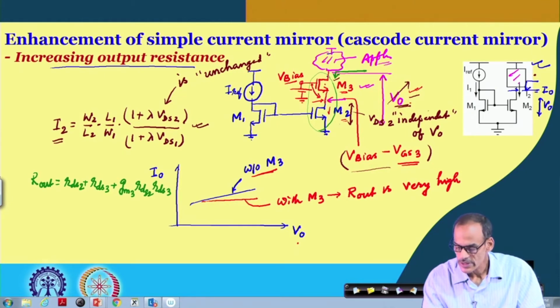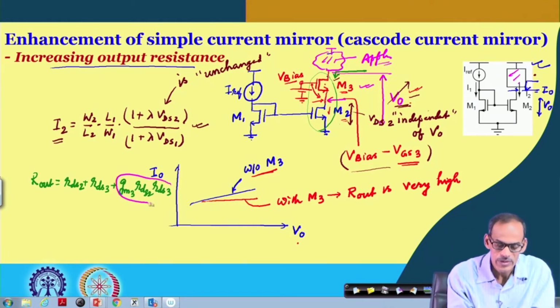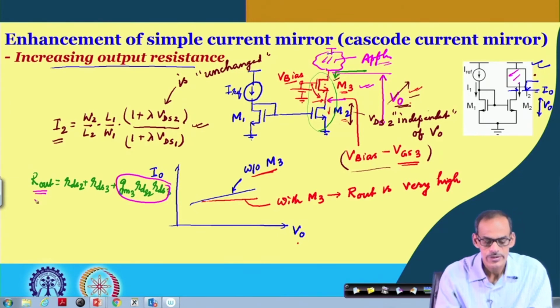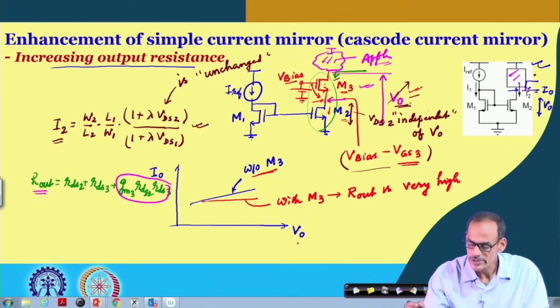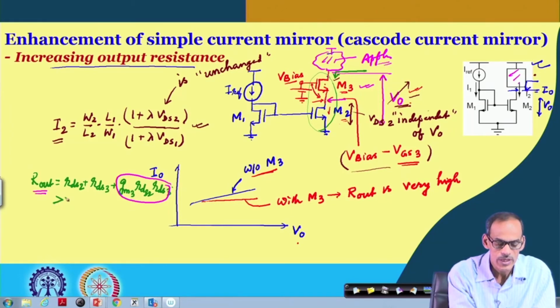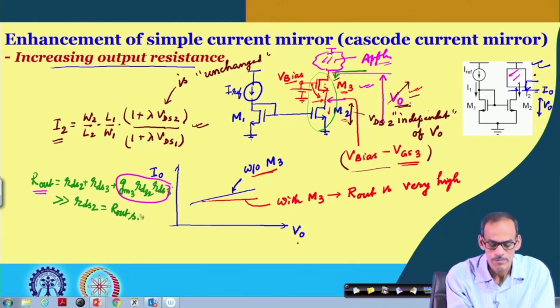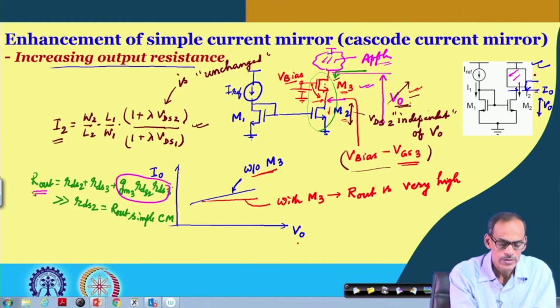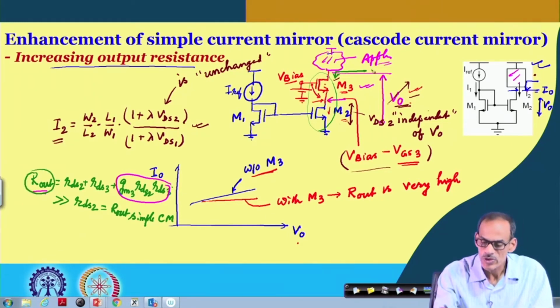Because of this additional factor, this output resistance is much higher than in this case, where the output resistance was R ds2, which is R out of the simple current mirror, and this is the output resistance of the modified one.